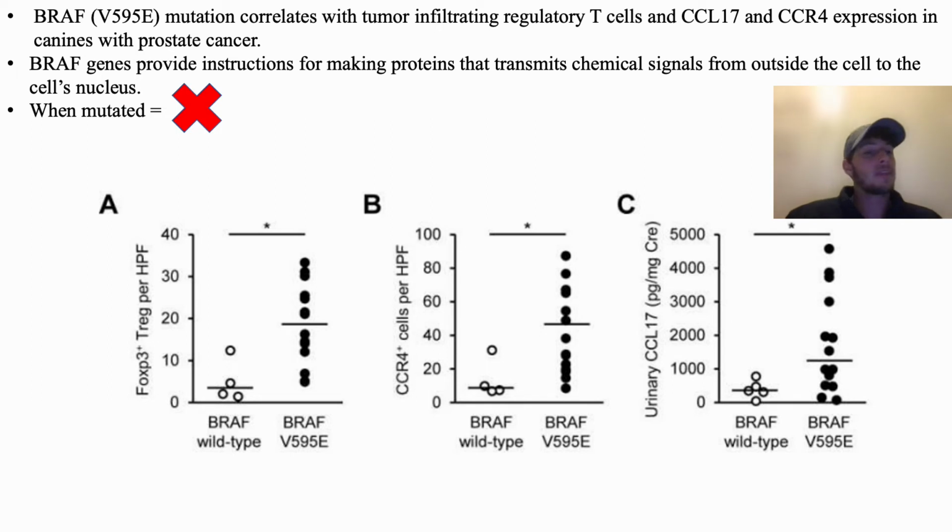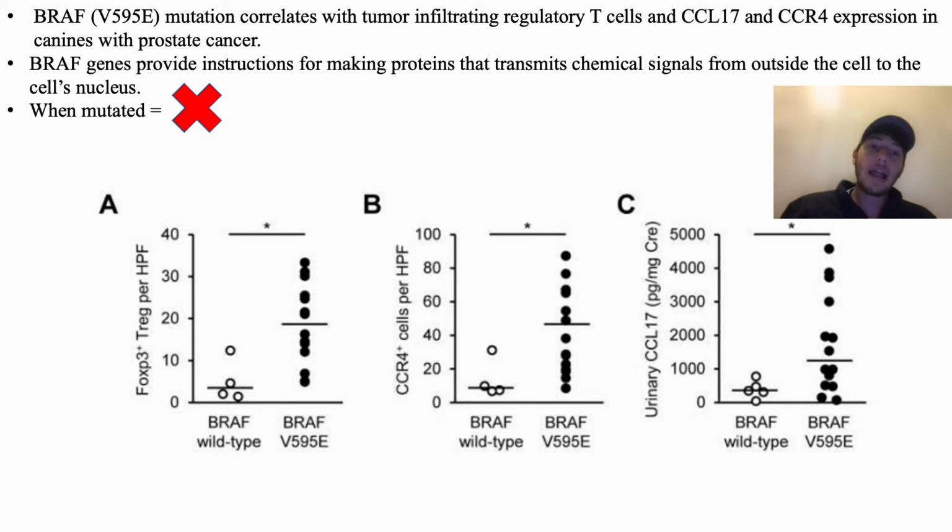So this is all what is being explained in panel A, B, and C as well. And it's showing the Braf wild type in all three of these panels, which is with no prostate cancer. And this is also showing the Braf mutation with prostate cancer.